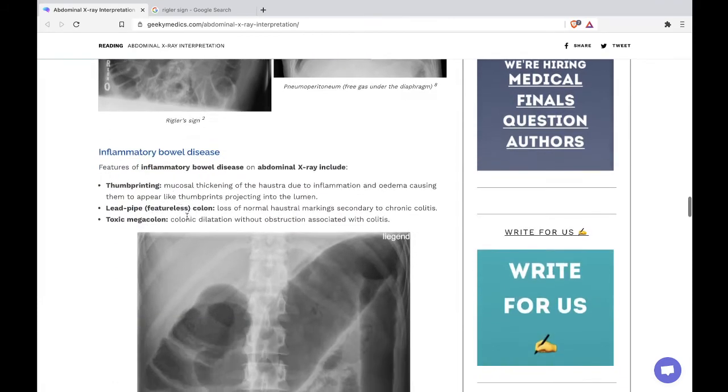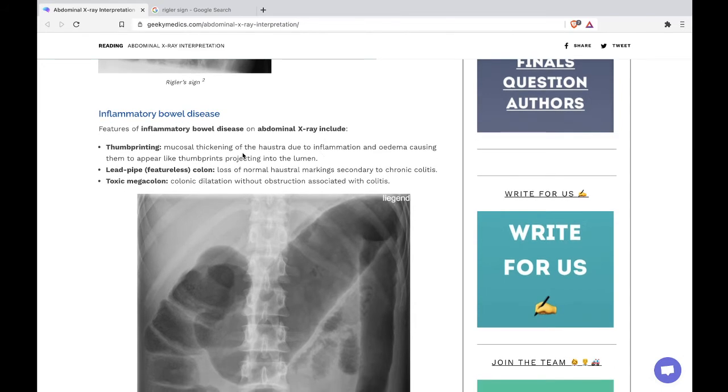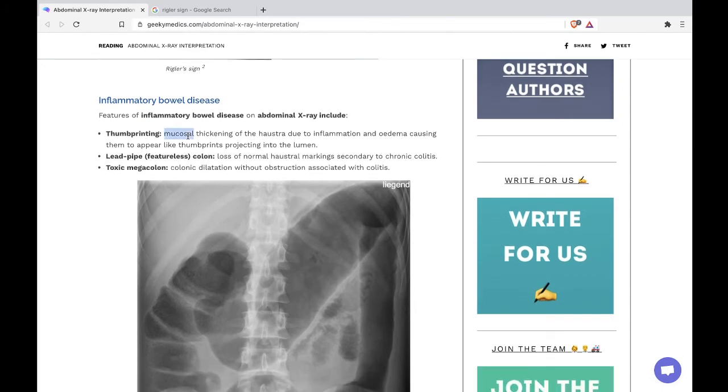And next, you have inflammatory bowel disease. Features of inflammatory bowel disease on an abdominal X-ray include thumbprinting. I think thumbprinting is not specific to inflammatory bowel disease. Any mucosal thickening, but I guess inflammatory bowel disease would cause mucosal thickening.